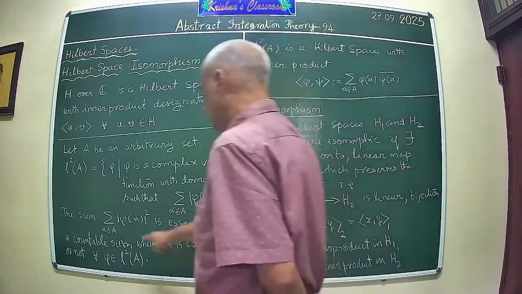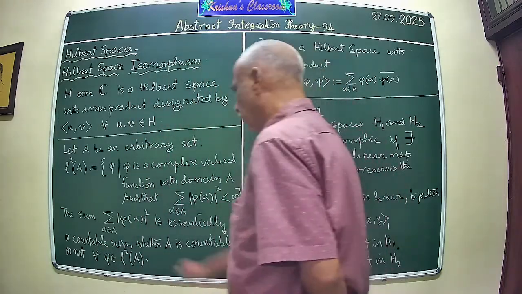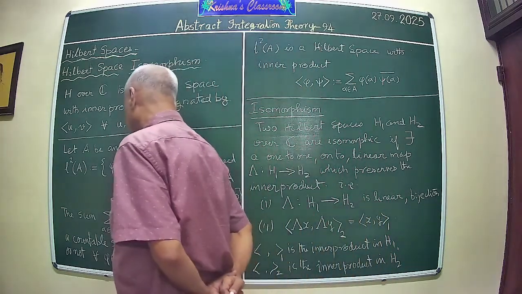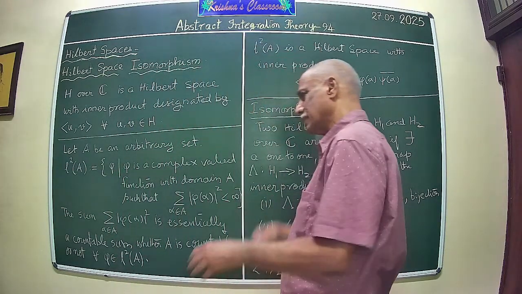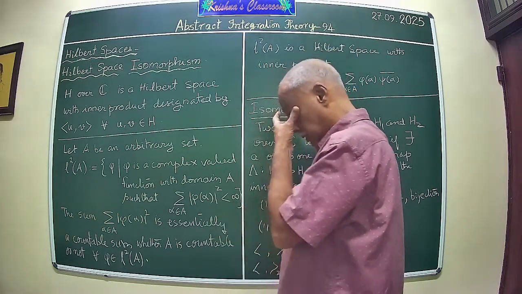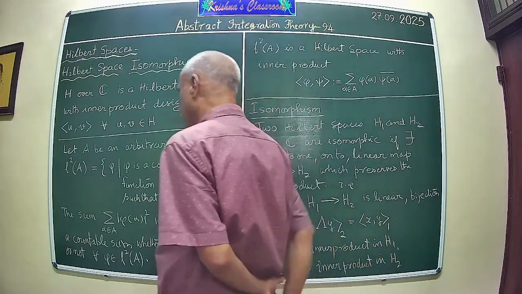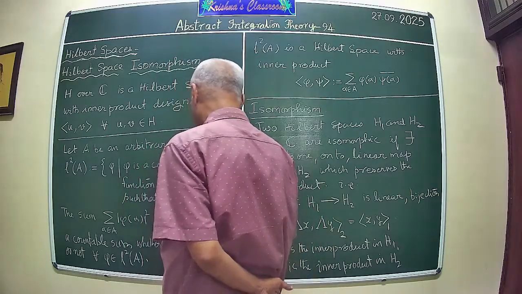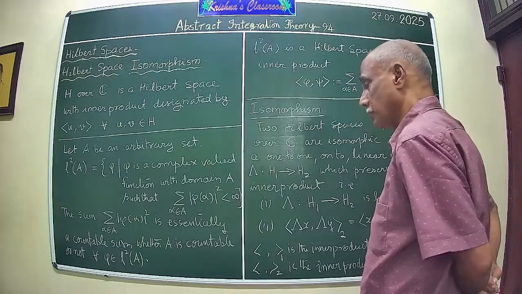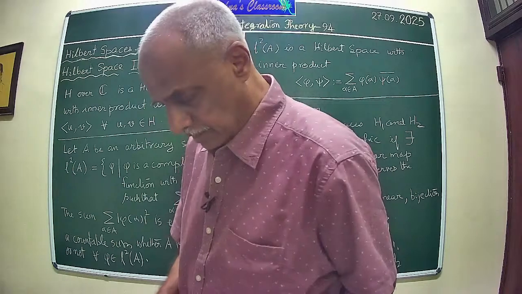Therefore, this sum is essentially a countable sum or finite sum. So you don't need the restriction that A is countable. Nevertheless, this particular sum, which in fact designates the norm of phi squared, is at most a countable sum. That's something that we require.